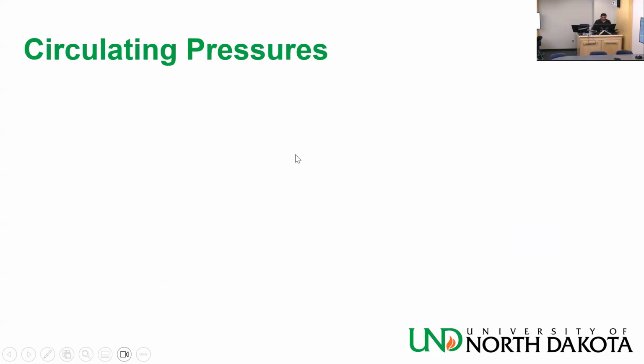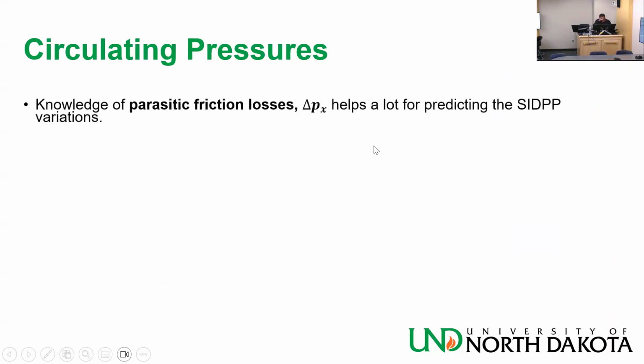Okay, circulating pressures. This is what we are talking about. Knowledge of the parasitic frictional losses, delta P_x, helps a lot for predicting the SIDPP variations.